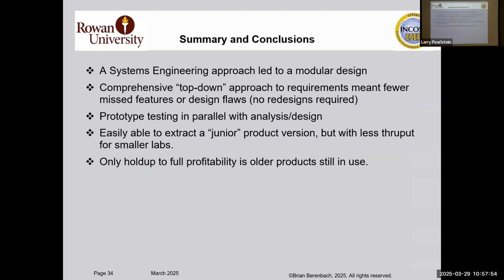So in summary, the systems engineering approach led to a modular design, comprehensive top-down requirements, including environmental factors, including the outside, and prototype testing in parallel with analysis and design. They had prototypes of the track up while they were designing it to see what would work.